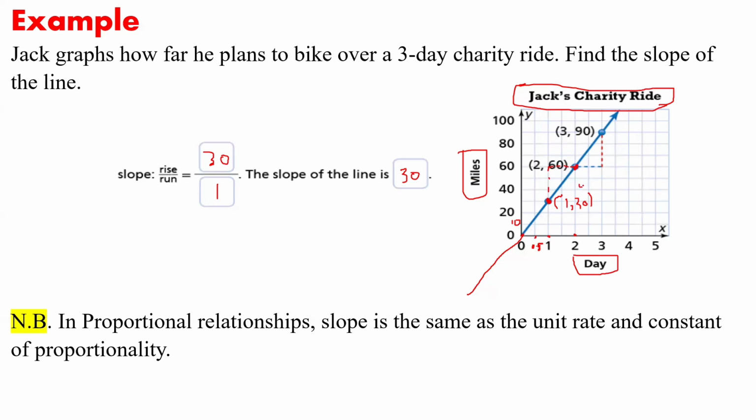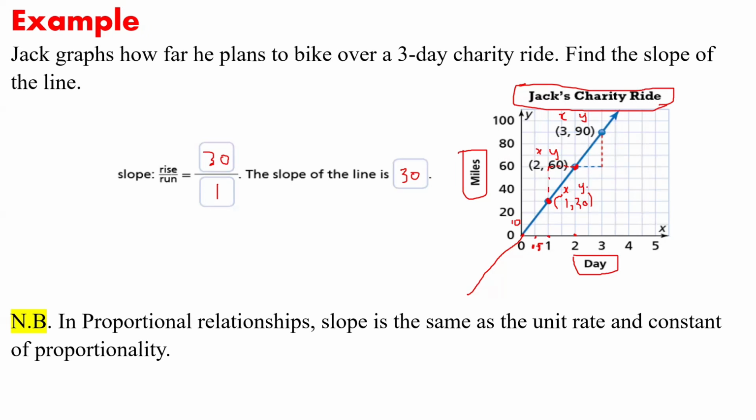If I take all my points on this graph, if I take this, and any other point on this graph, and I divide my y by my x, I will get the same ratio or the same value. That is the reason why it is proportional. It is constant. It is not changing, right?